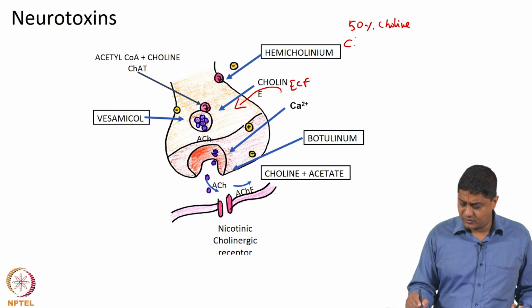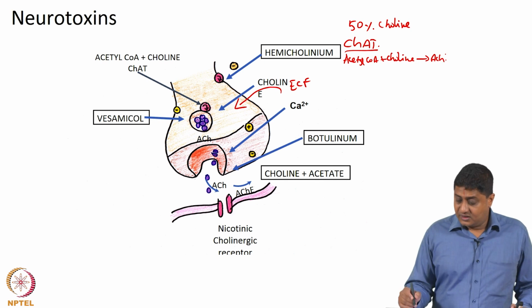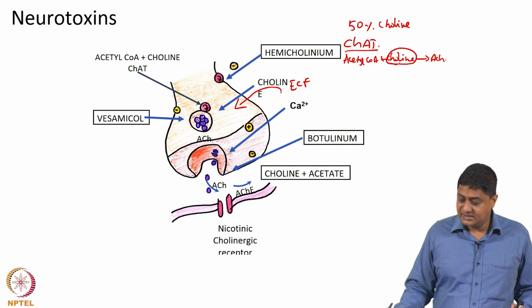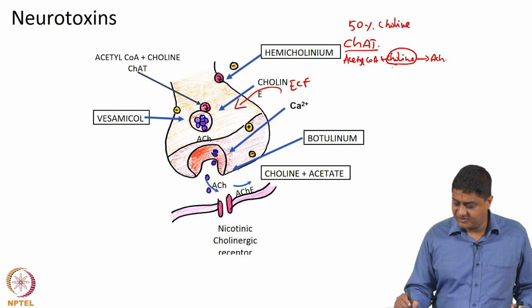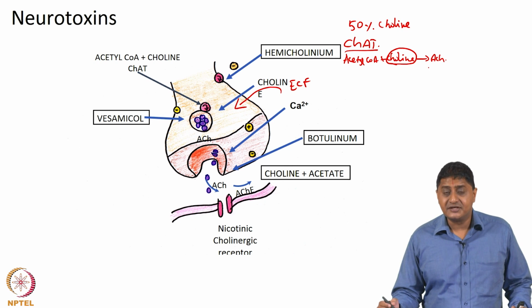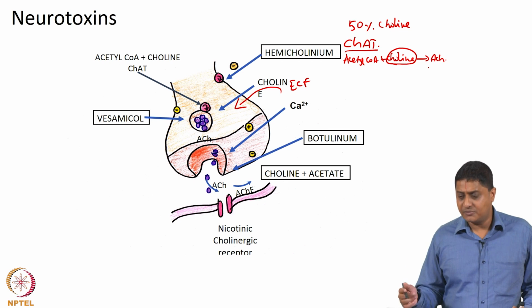Choline acetyltransferase basically combines acetyl coenzyme A and choline to produce acetylcholine. This is what we have seen. If choline is reduced by 50%, essentially after some time acetylcholine cannot be produced.